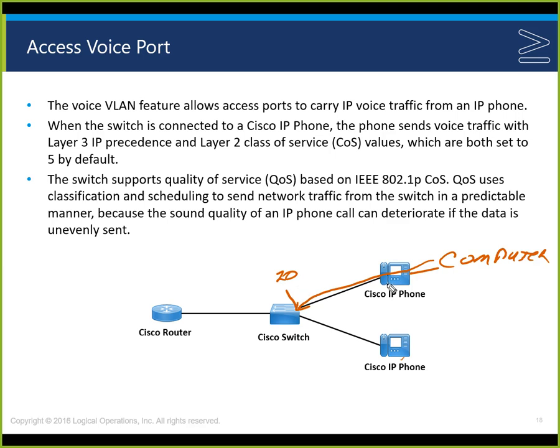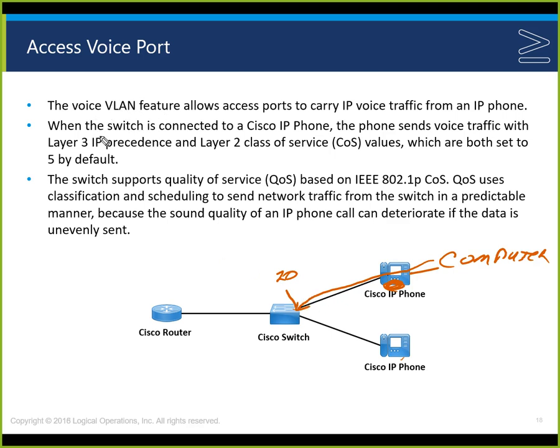The IP phone puts the voice data on a separate VLAN. So it tags the information for the voice VLAN, whereas the switch would tag the information for the data itself.